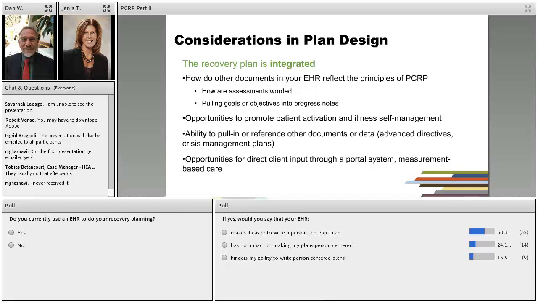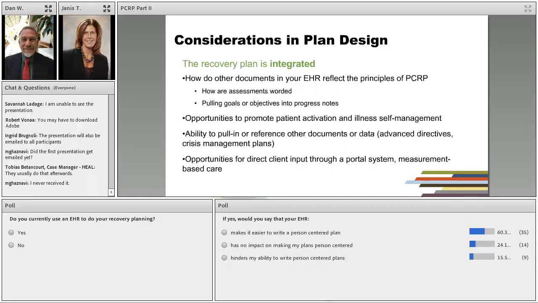The opportunities to promote patient activation and illness self-management, I'll show you something on that. Being able to pull in references from other documents, so, for example, an advance directive or crisis management plans, which may be in another part of the record, but you can actually pull in and attach to this plan as part of the whole recovery plan.